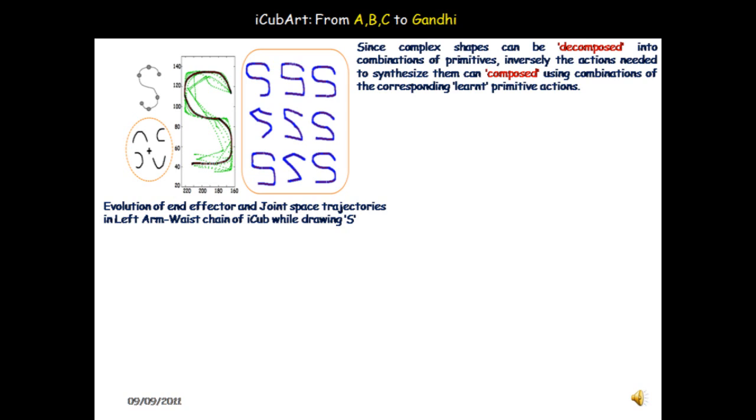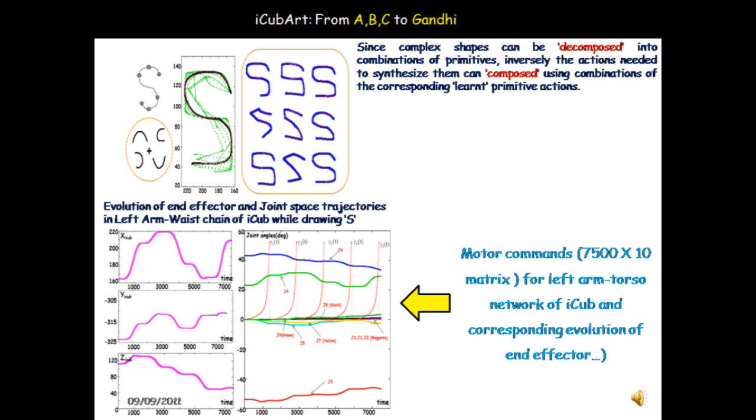For example, S is a composition of 4 bumps, and this was learnt in just 9 trials. We can see that initially we already get a good S, and then we move on to slightly lower performance, and in the 9th trial you automatically get the shape with which the learning converges. And these are the trajectories in the end effector space and in the joint space.